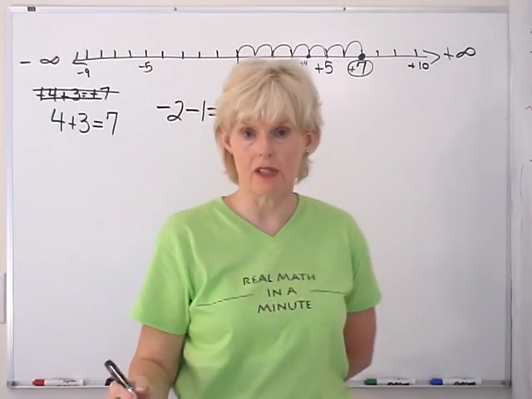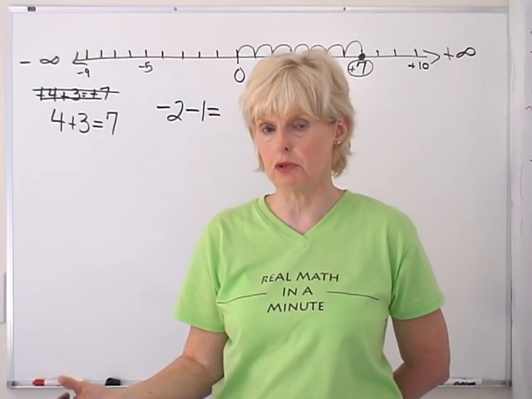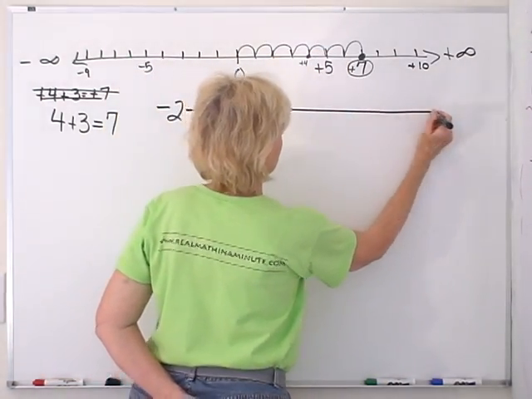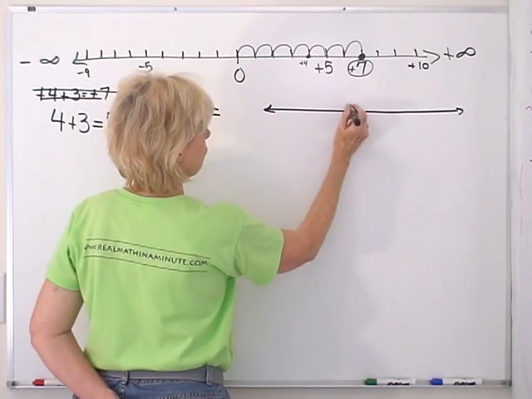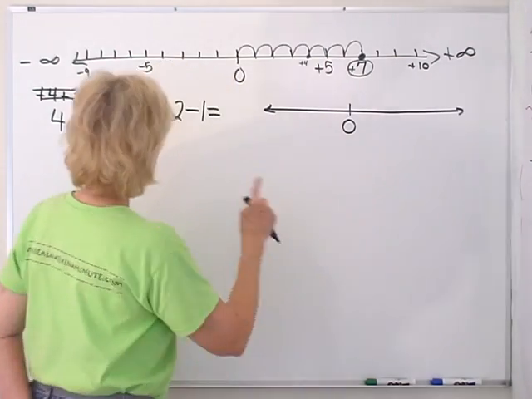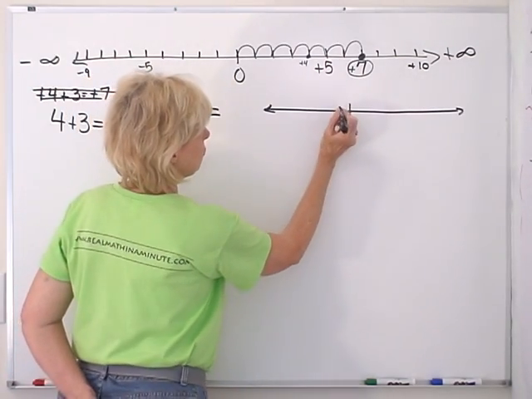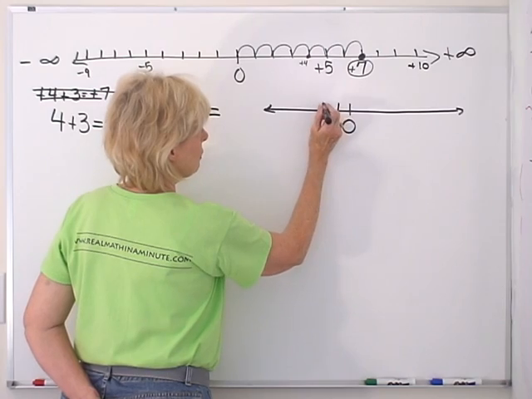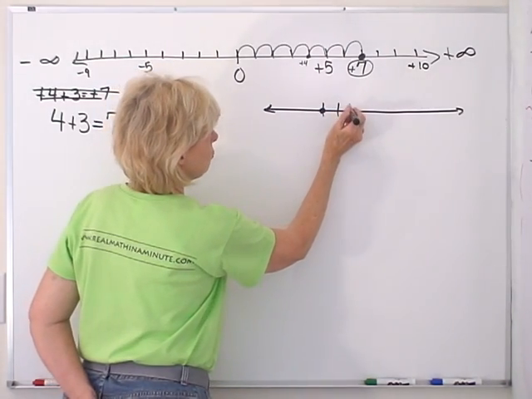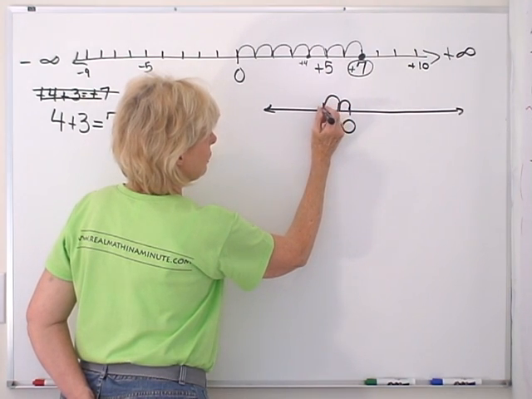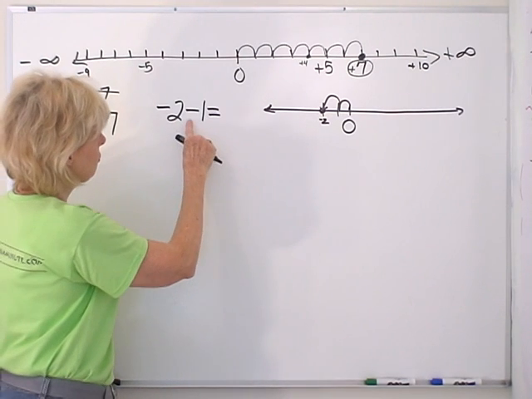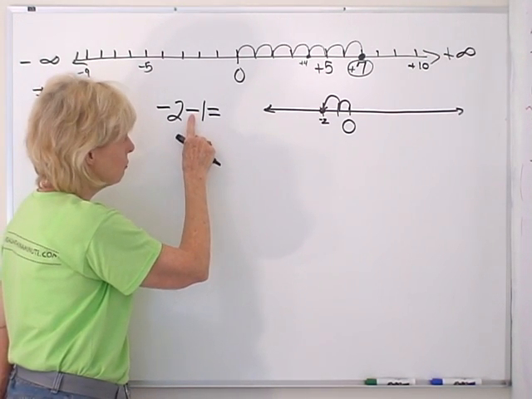And that maybe you haven't had before. Or maybe it's tricky for you. So let's do it on the number line. We need a new one, so it won't be so crowded. Here's a number line, we'll just put 0 right there because we start at 0. And we say negative 2, go to negative 2. So negative 2 puts us right there. We've taken 2 hops in the negative direction. This says take another step in the negative direction.